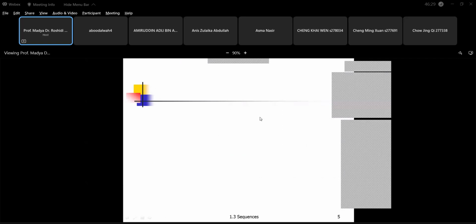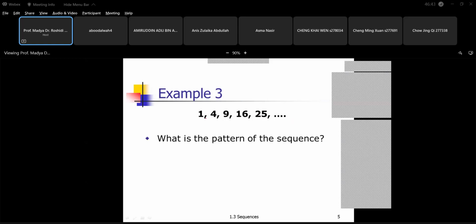But for example 3, we can see the pattern, but we don't know how this pattern is created. For example here, 1, 4, 9, 16, 25, and so on. Then, what is the pattern of the sequential? If we put it like this, here is ascending order. Can we put it like this?